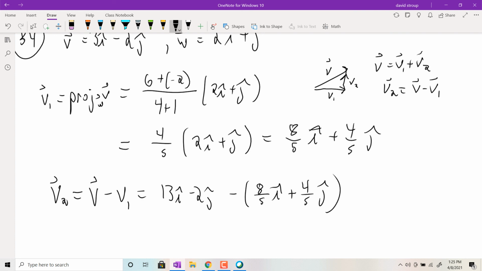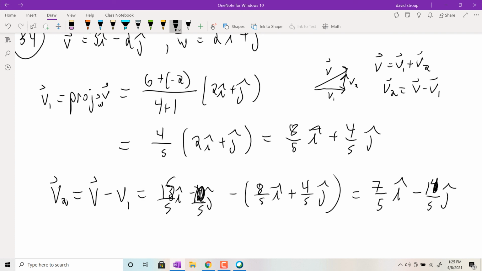With a common denominator, this would be 15 fifths, this would be 10 fifths, and that'll end up giving us 7 fifths i, then minus 16 fifths j. Negative 12, oh, that's a 10, sorry. So negative 10 fifths minus 4 fifths is actually negative 14 fifths.